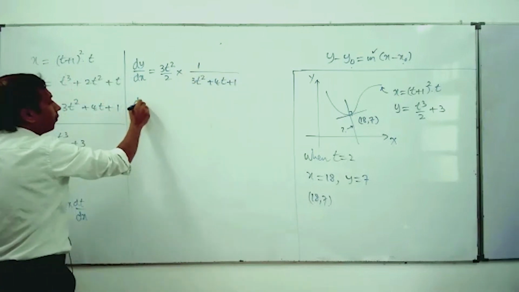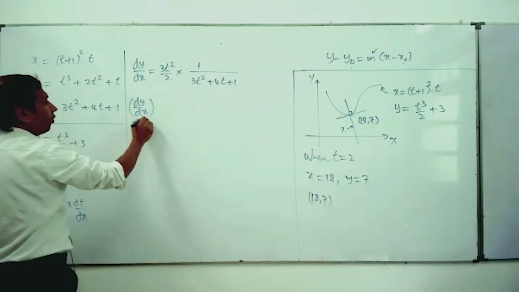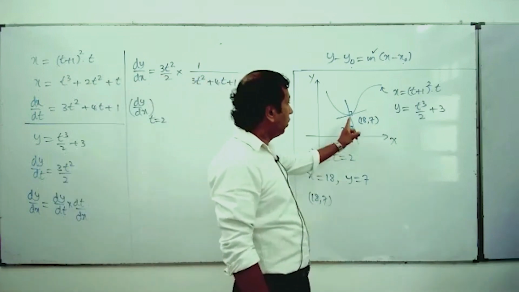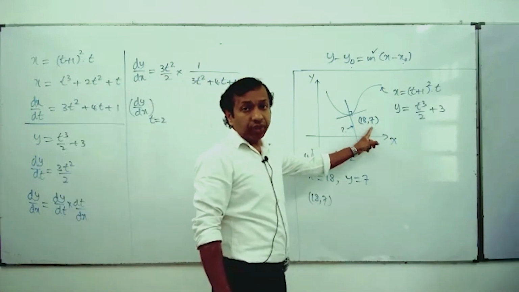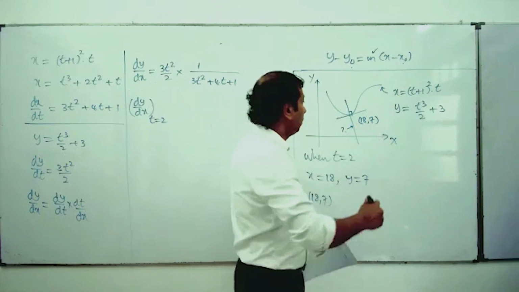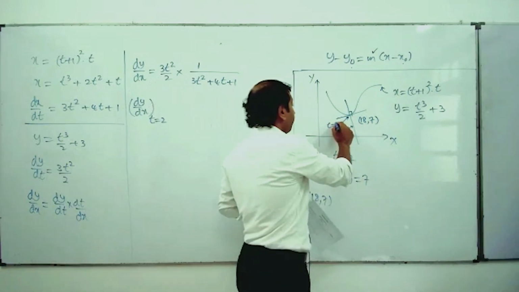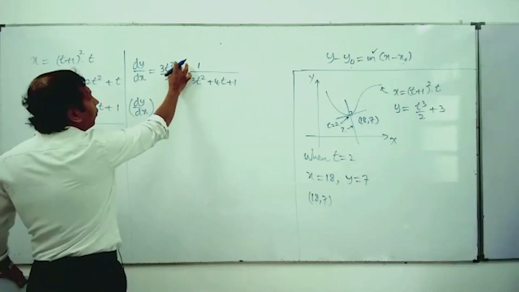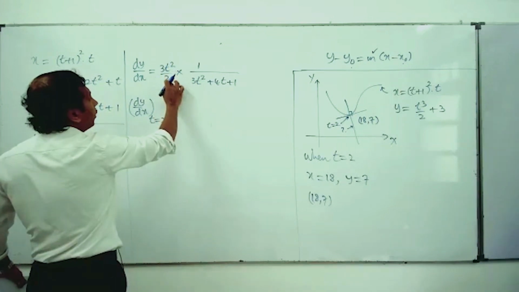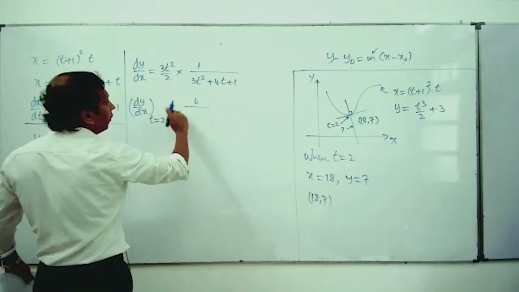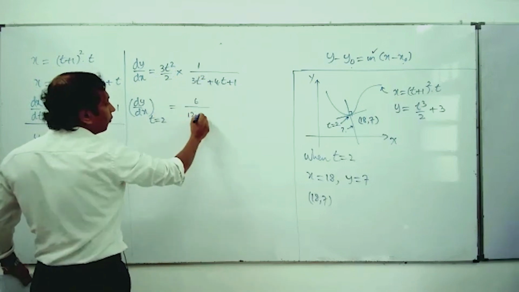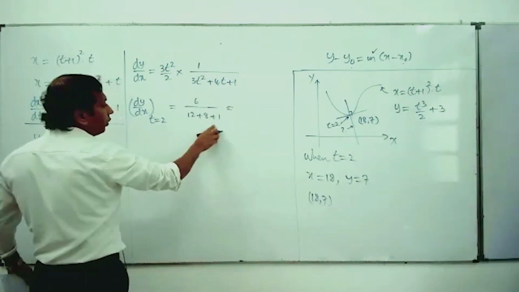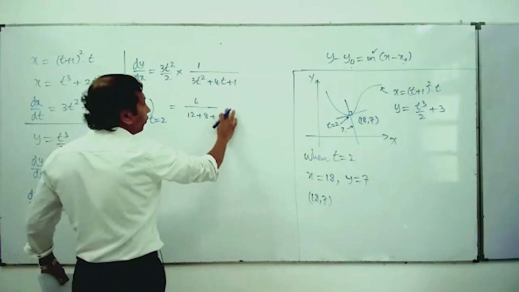Then we need dy by dx at t equals 2 only. Now this point (18, 7) corresponds to t equals 2. So t equals 2 here, and we get 3 times 4 is 12, by 2 is 6, here 12, here 8, here 1. This is 21. 6 by 21, that is 2 by 7.